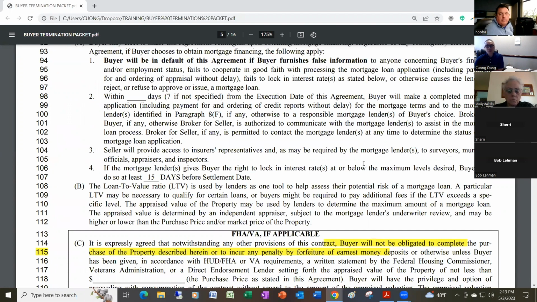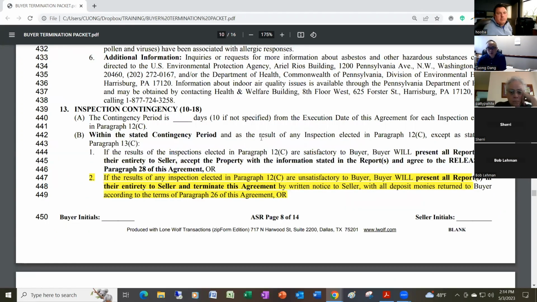So within the stated contingency period, and as a result of any inspection elected in paragraph 12C, except as stated in paragraph 13C, 2, if the results of any inspection elected in paragraph 12C are unsatisfactory to buyer, buyer will present all reports in their entirety to seller and terminate this agreement by written notice to seller, with all deposits money returned to buyer. Okay.